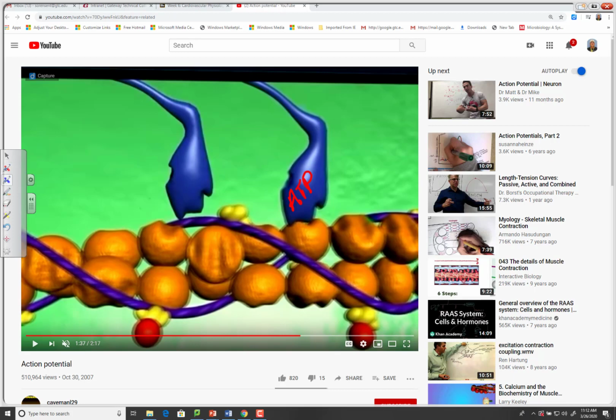it's going to cause that ATP to get broken down to ADP plus energy and heat, right? And that energy is going to be used to swing the myosin head that's now connected to the actin molecule.